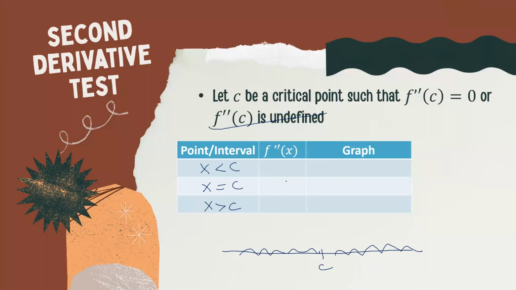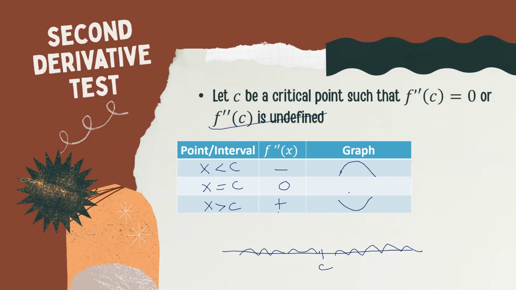Yan. So, kunwari f double prime of x mo dito ay 0. Tapos dito say negative. Tapos dito positive. That means your graph here is concave. Sabi natin, pag negative, concave downward. It's like this, pag ganun. Kapag positive, your graph is concave upward. Yan.